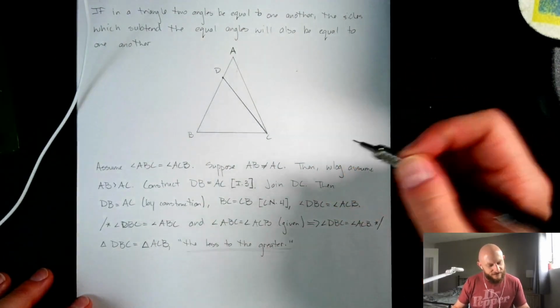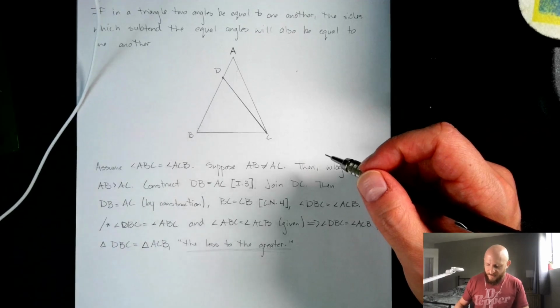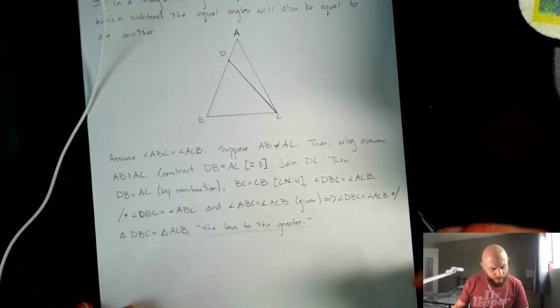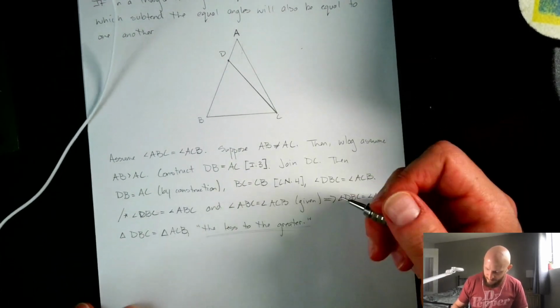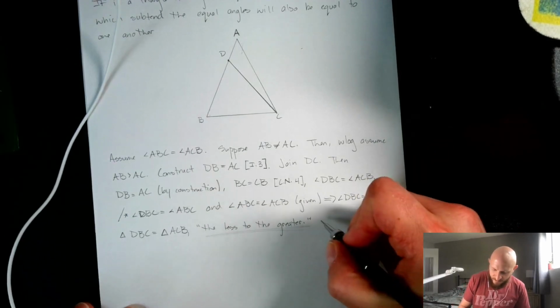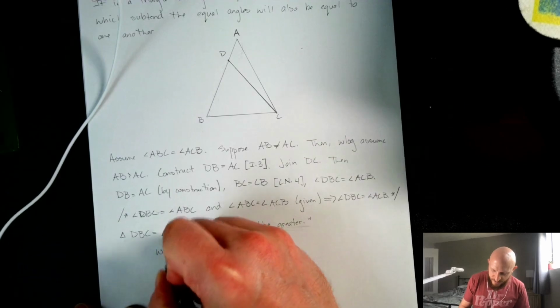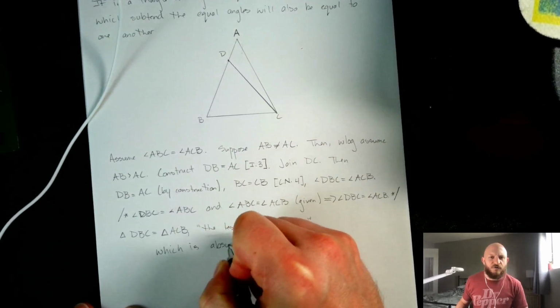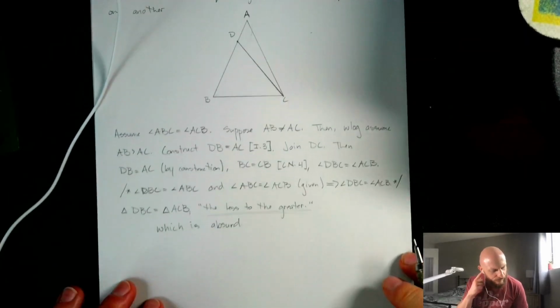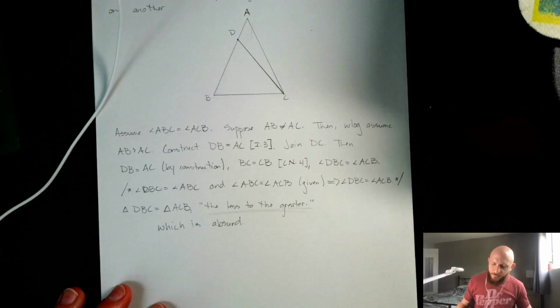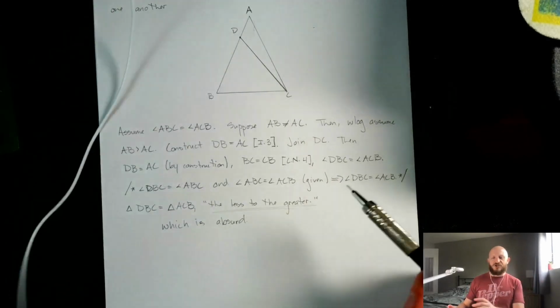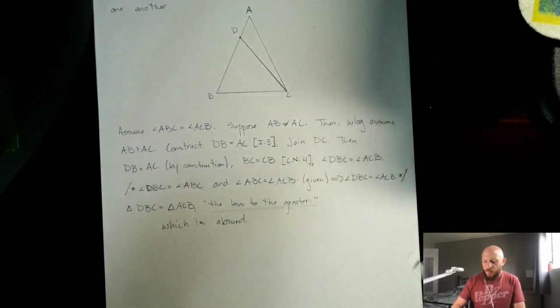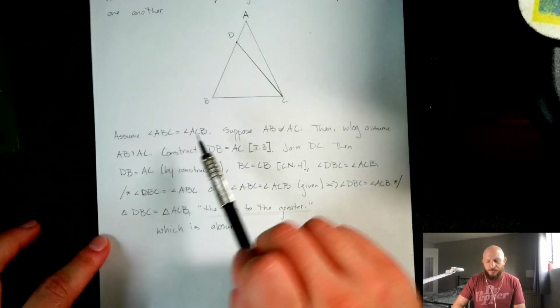So he follows it up with, which is absurd. Why would you claim that? The idea with proof by contradiction is, all right, we'll take the hypothesis to be true.